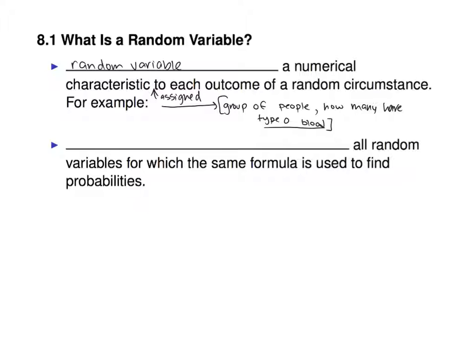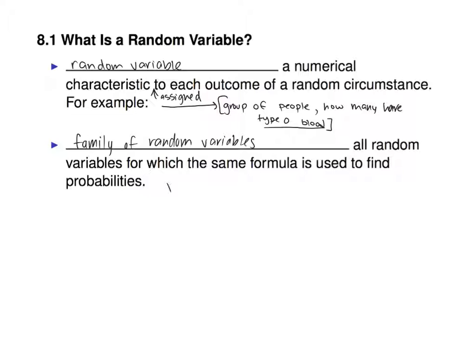And this next thing, a family of random variables, lists all random variables for which the same formula is used to find probabilities.